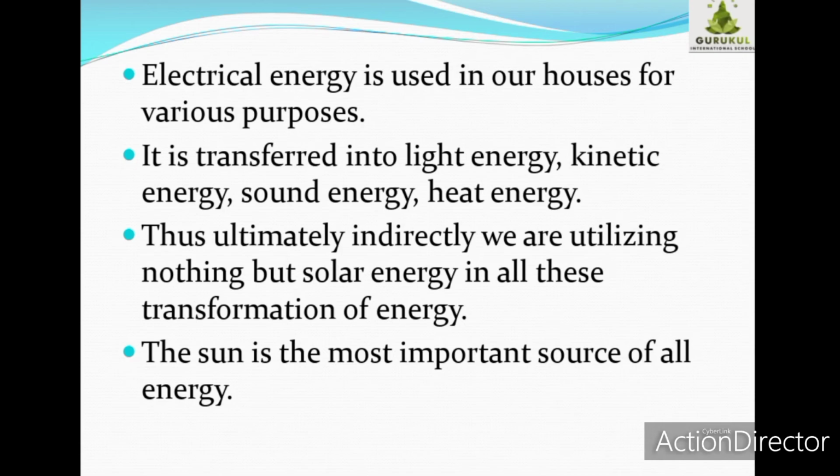Thus, from where do we actually gain the energy? From the water cycle. And how does the water cycle work? Because of the sunlight. Thus what we can say is that ultimately, indirectly, we are utilizing nothing but solar energy in all this transformation of energy. The sun is the most important source of all these energies.